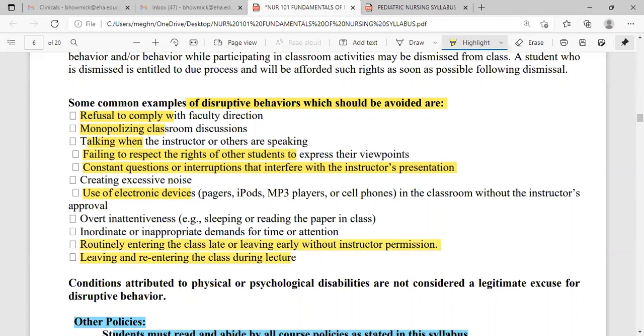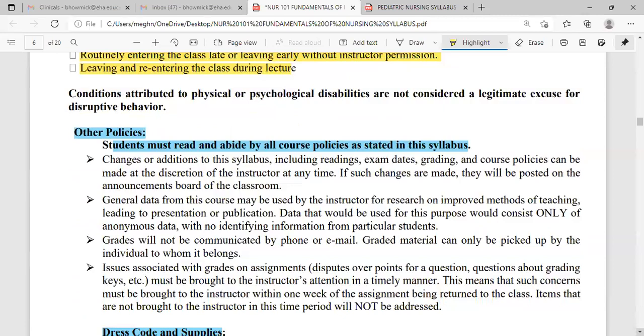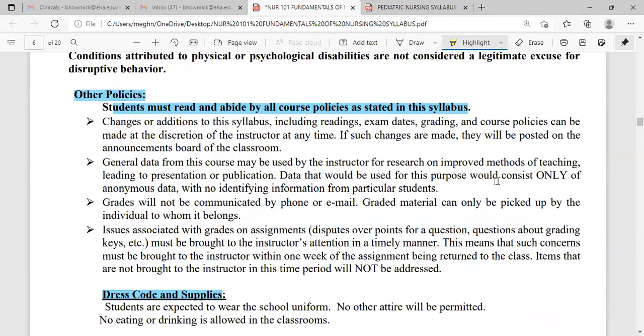And next, conditions attributed to physical or psychological disability are not considered a legitimate excuse for disruptive behavior.